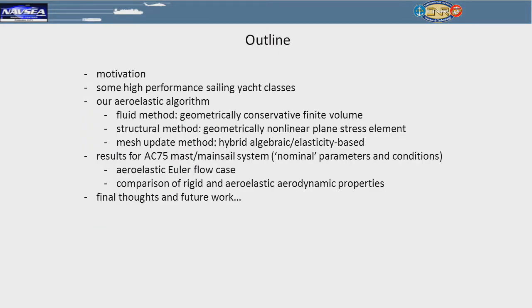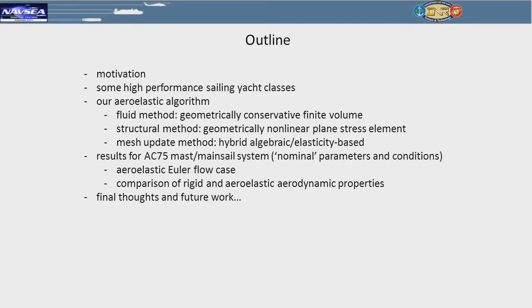The outline that we'll be using for this talk is the following. First of all, as something that won't be found in the paper, I'd like to talk a little bit about our motivation for doing the work. Spend a moment talking about some high-performance yacht sailing classes that are currently being used. Talk about our algorithm a little bit, fluid, structural, and how we tie the two together.